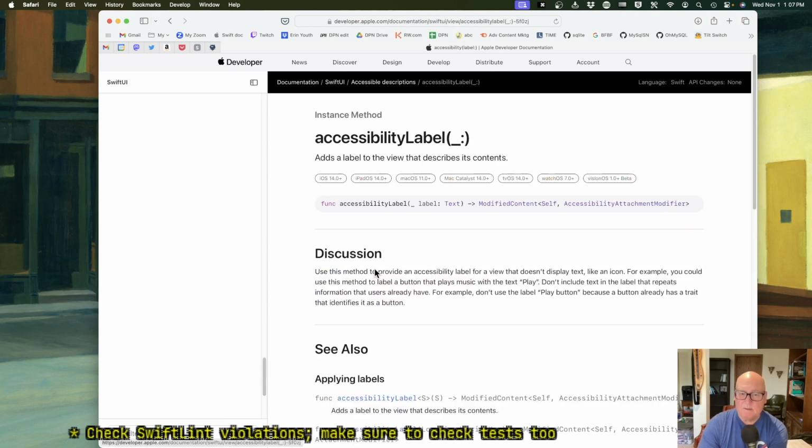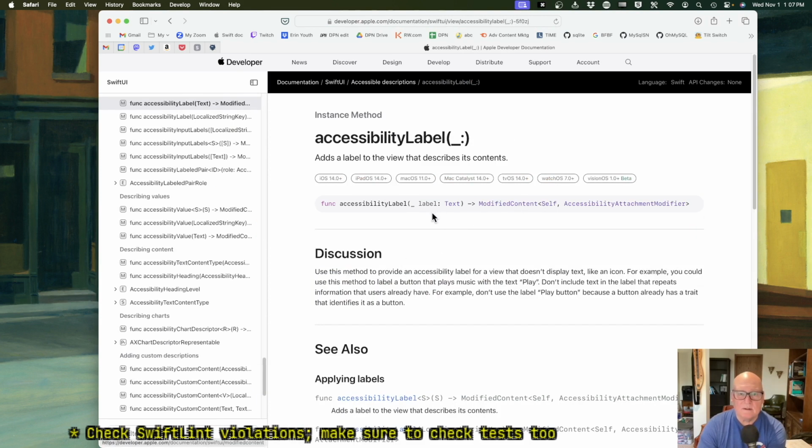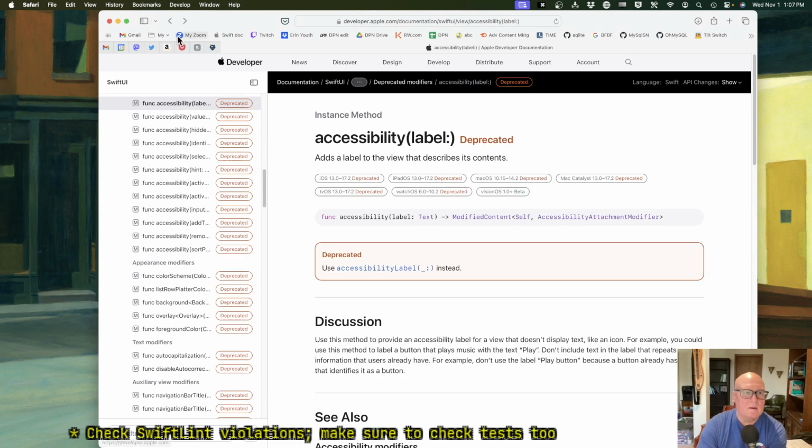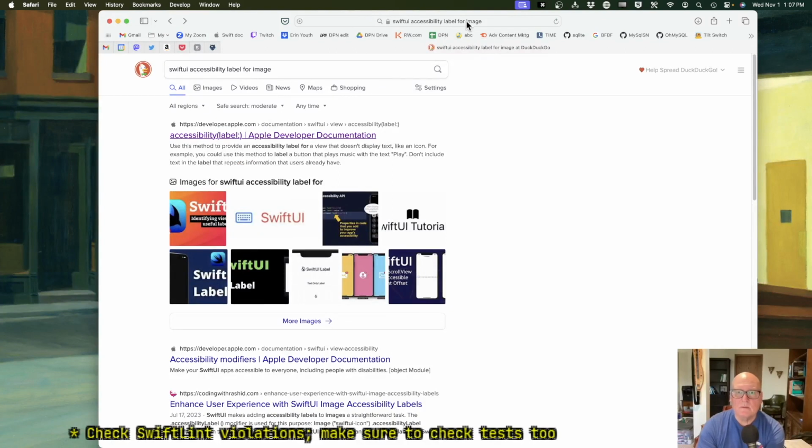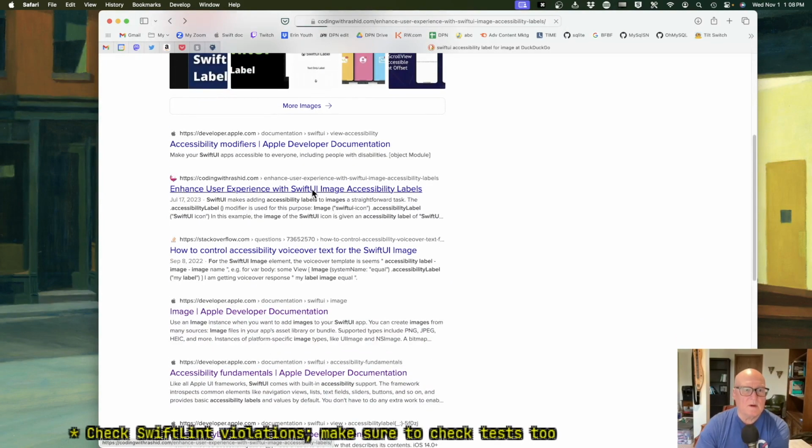It's accessibility label with nothing instead, for a view that doesn't display text. Let's put the accessibility label for image. Okay, this is probably more.